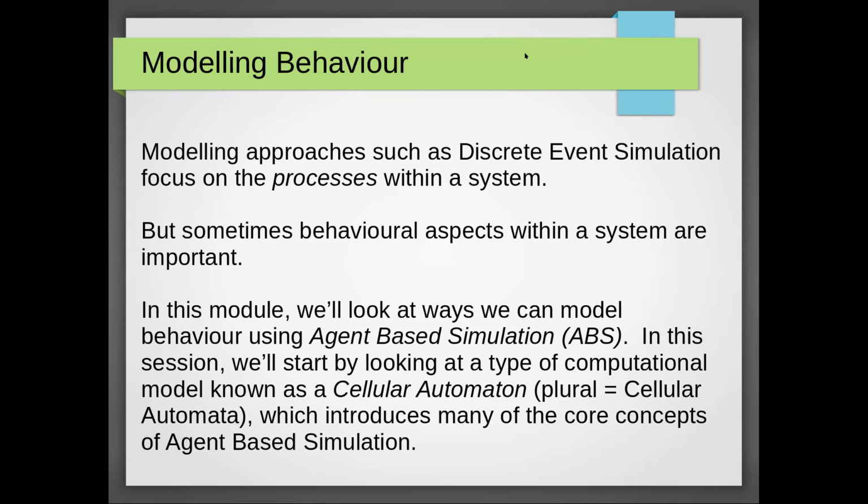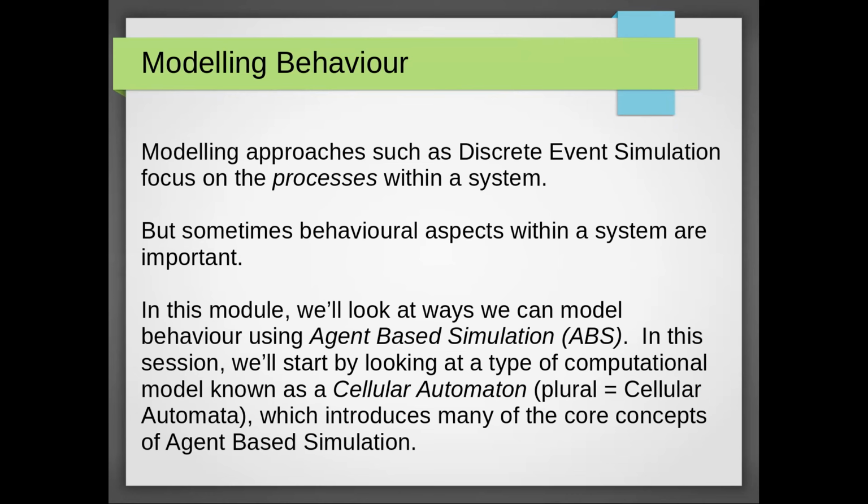So far we've talked about approaches like we did this morning, such as discrete event simulation, which is all focused on the processes within a system. But sometimes there are behavioral aspects within a system that are important.